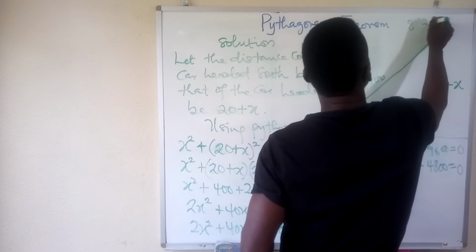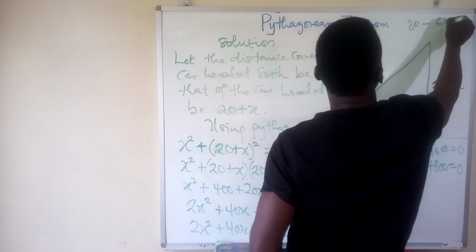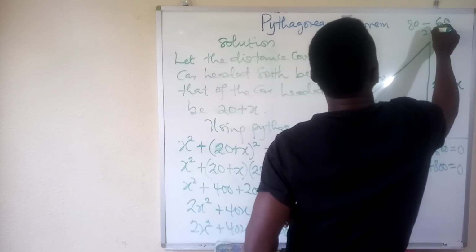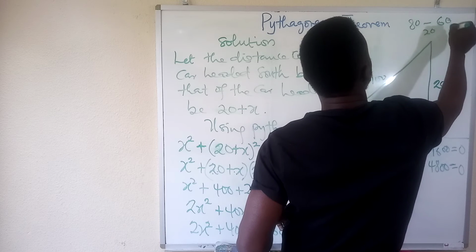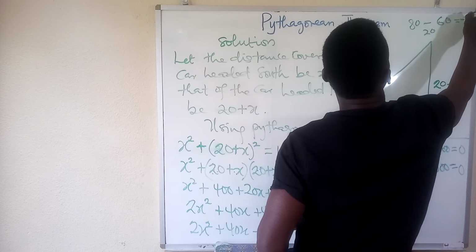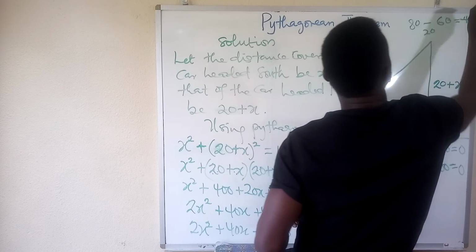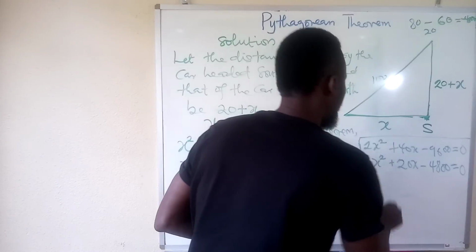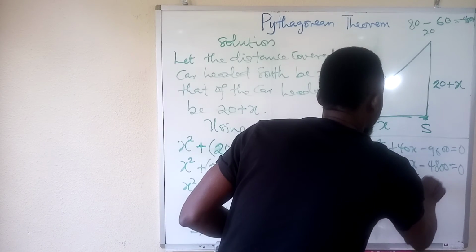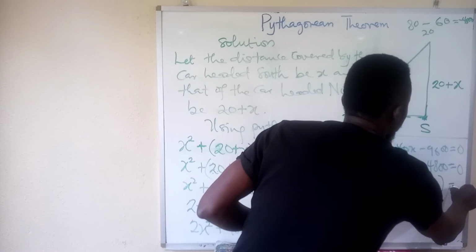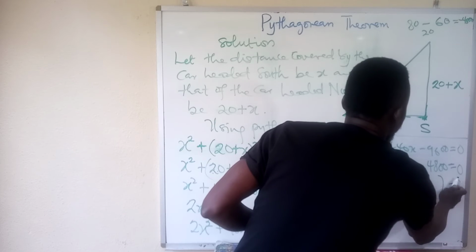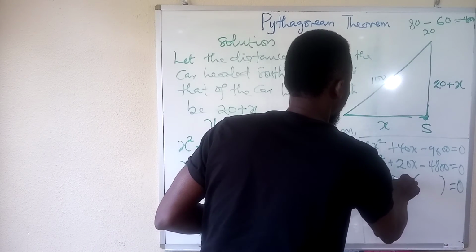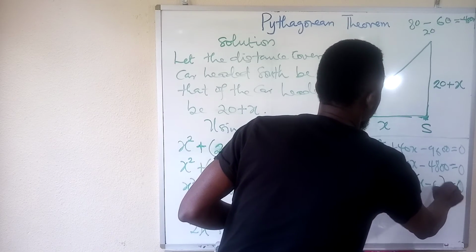So 8 minus 6 will give us 2, put a 0, that's 20. 8 times negative 6 will give us negative 48, then we put our 2 zeros, that will give us negative 4,800. So the two numbers we are thinking about are negative 60 and positive 80. So we have x plus 80, and then we have x minus 60.